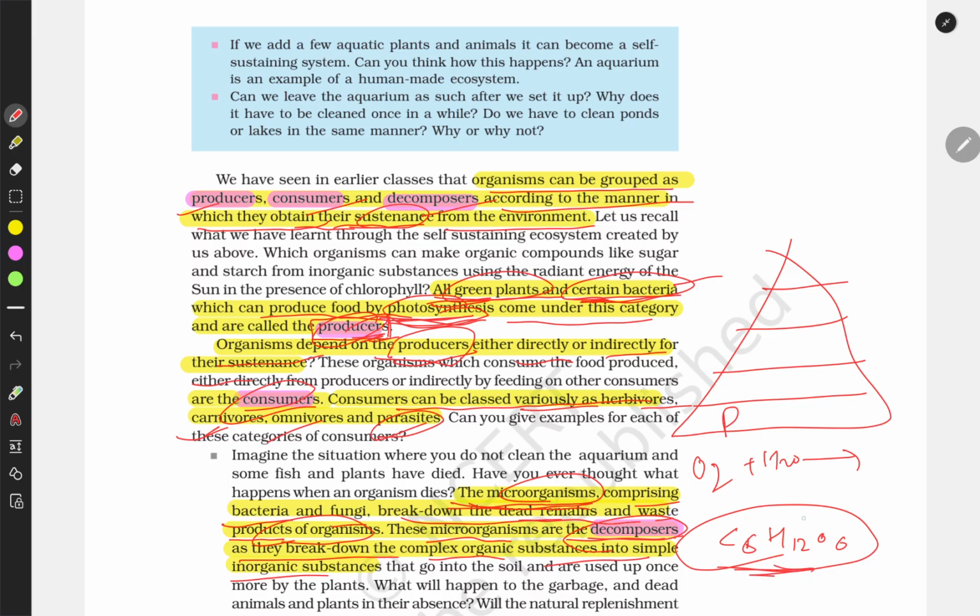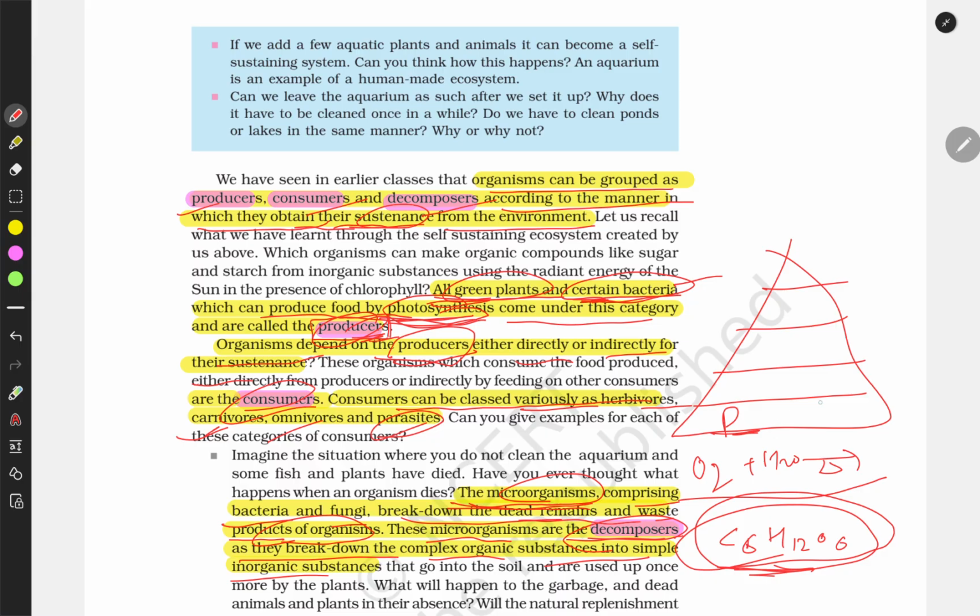A glucose molecule is formed by this, and this contains energy, and this energy is used by all the animals above this.